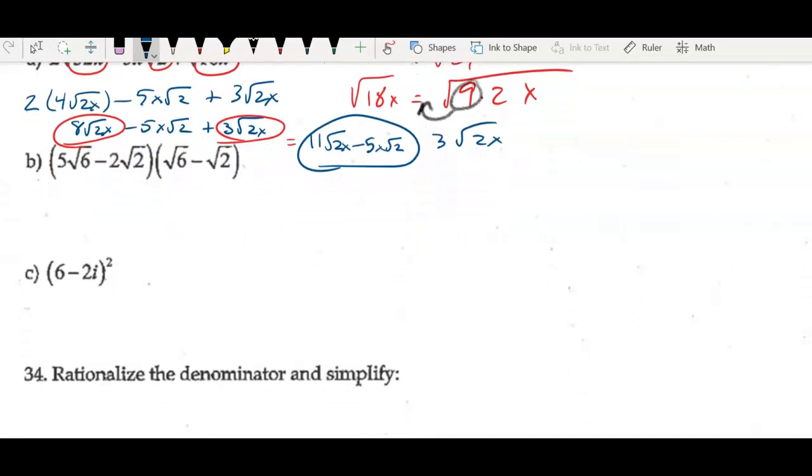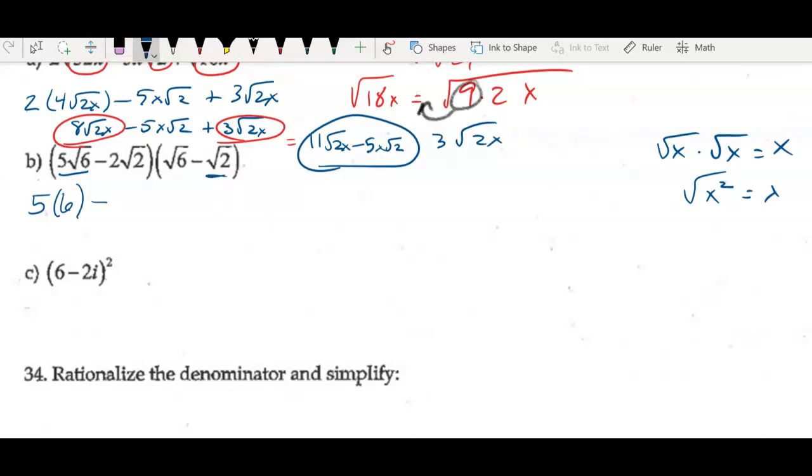Okay, B. You just have to FOIL everything out. But be careful, because think about this. When I put those first two together, any radical multiplied by itself is just whatever's underneath without the radical, right? Because it would be x squared and the square root of x is just x. So wouldn't this be 5? Radical 6 times radical 6 is 6. Now, do the second one.